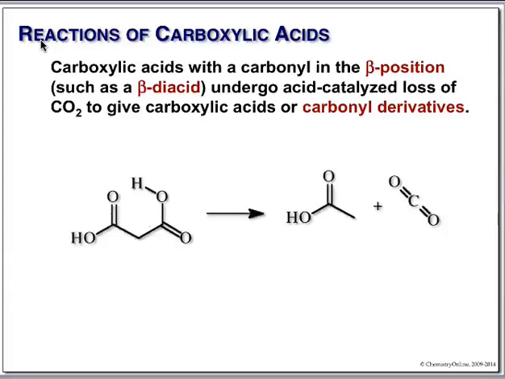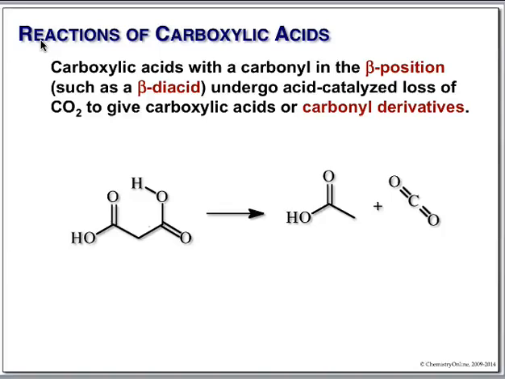It's called malonic acid. If you take malonic acid and acidify it a tiny bit, warm it up a tiny bit, you lose CO2, that's decarboxylation, and you wind up with a methyl group where our CH2 used to be.